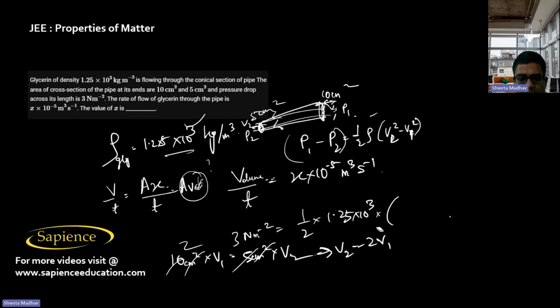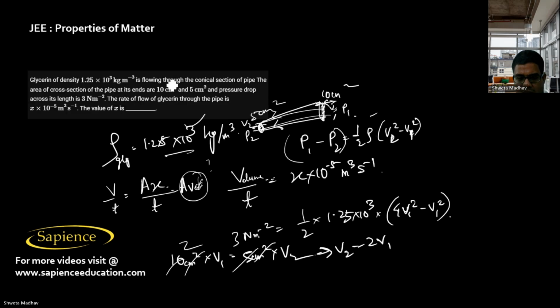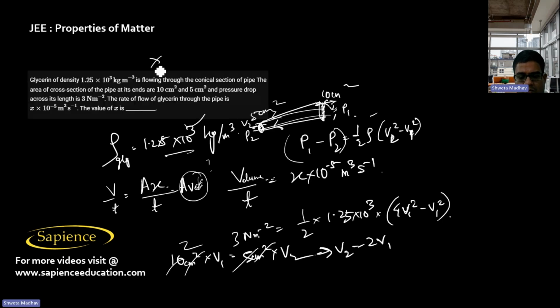Instead of writing this, we have to write (2 V1) whole square, that is 4 V1 square, minus V1 square, that is 3 V1 square. Therefore 3 V1 square into 1.25 by 2 into 10 power 3 will be equal to 3.